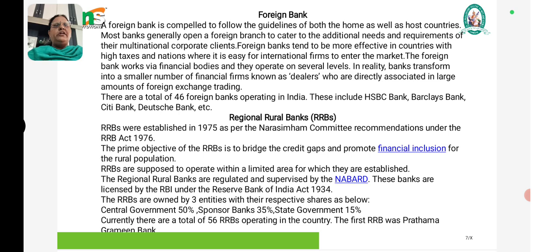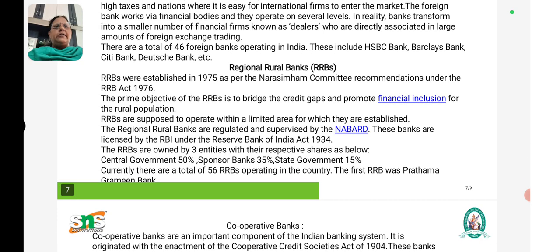There are totally 46 foreign banks operating in India. Some of them include HSBC Bank, City Bank, etc.